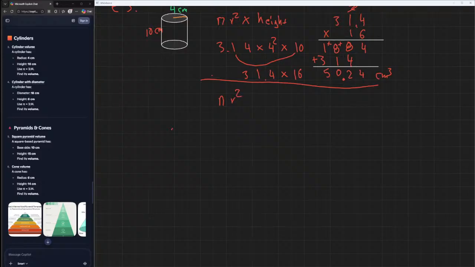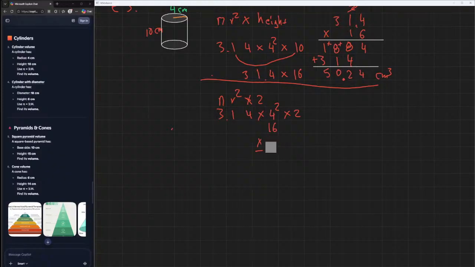Pi r squared times 2. Okay, so 3.14 times r squared, which is this, times 2. So if I do 16 times 2 is 32, I think.